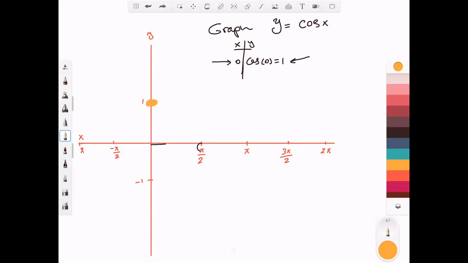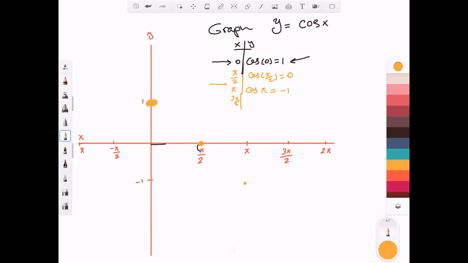What is cosine of pi half? Cosine of pi half is 0. That means it's going to hit 0. And if it's pi, cosine of pi is -1. It's going to go here. 3 pi half: definitely we need more points in between, but I'm just getting the coordinates that are exact.